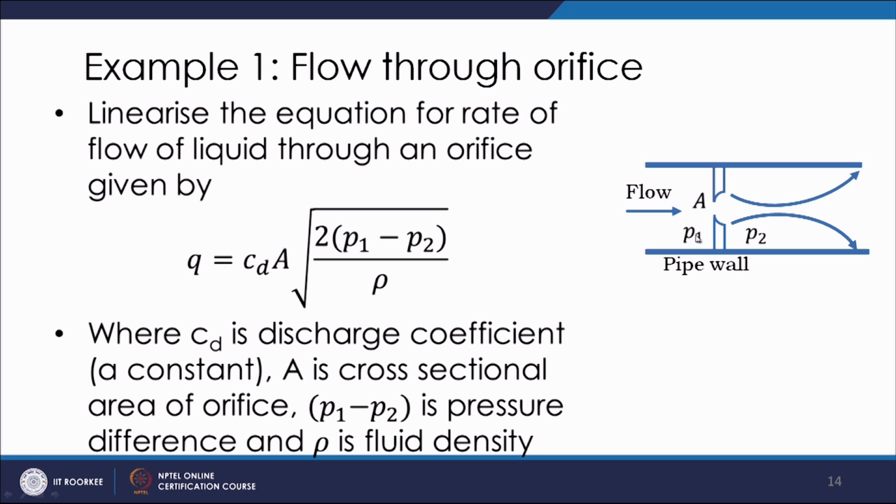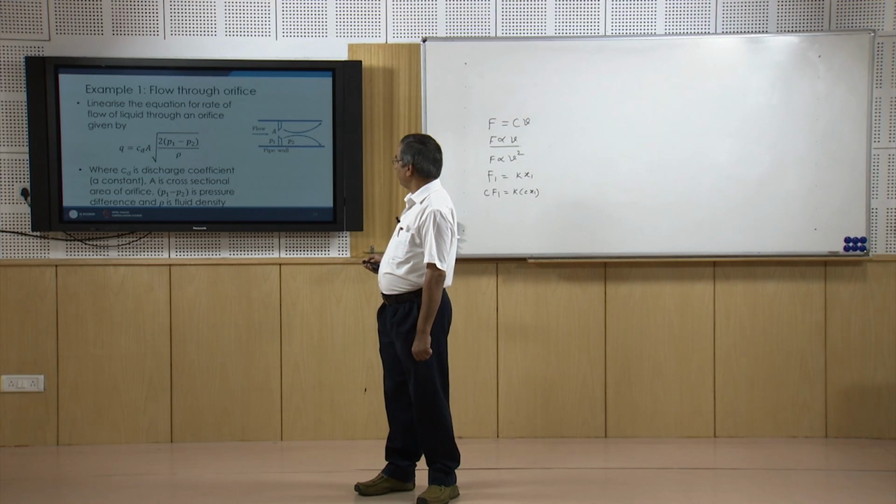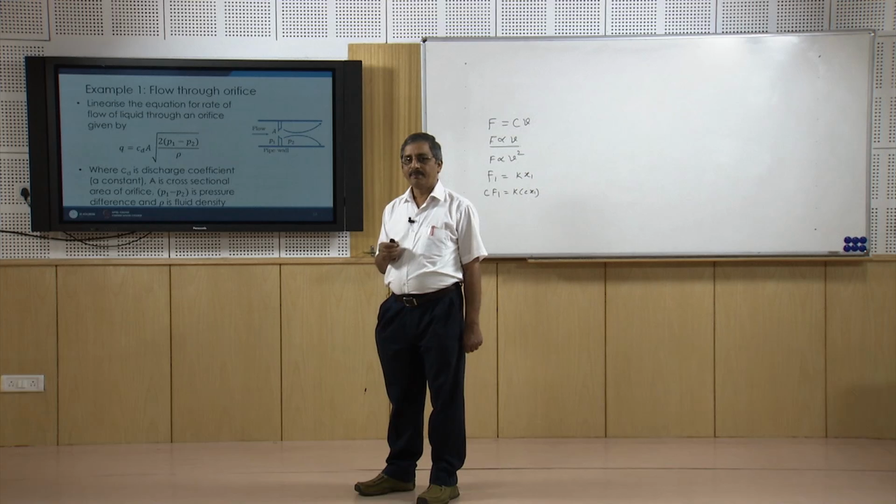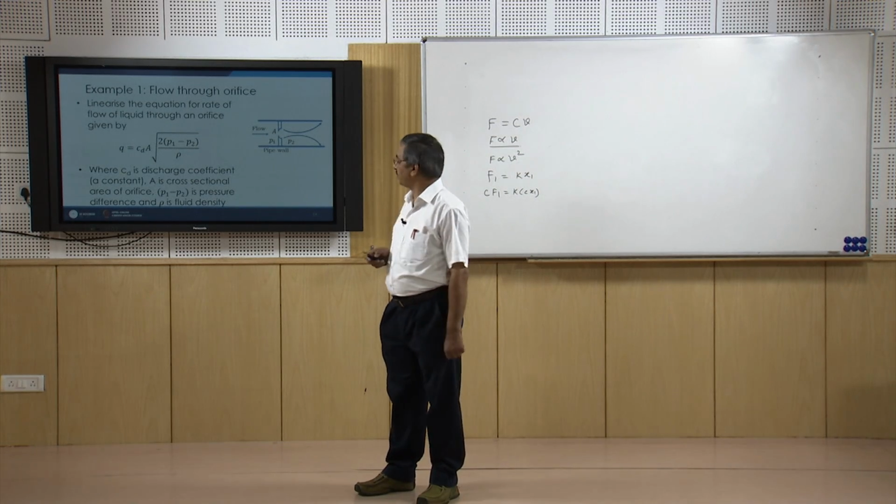Now, in this case the discharge equation through the orifice, Q, is given by Cd A under root 2 (P1 minus P2) by rho, where Cd is the coefficient of discharge, A is the cross section area as I said, rho is the density of the liquid, and P1 minus P2 is the pressure difference between the upstream and downstream side.